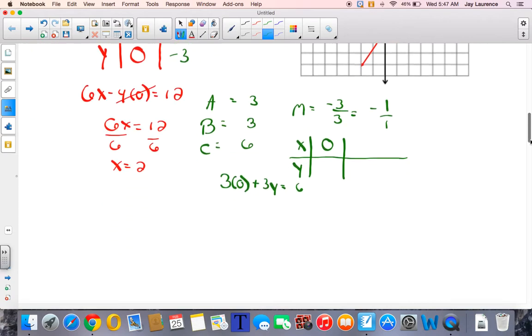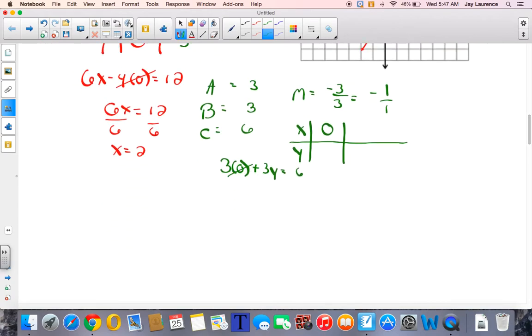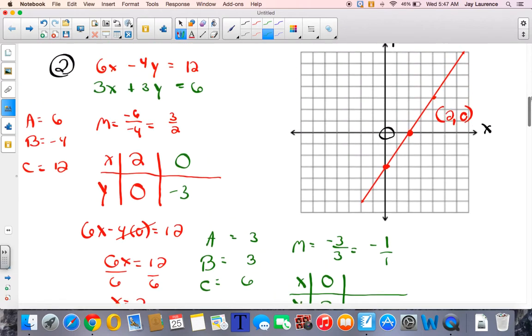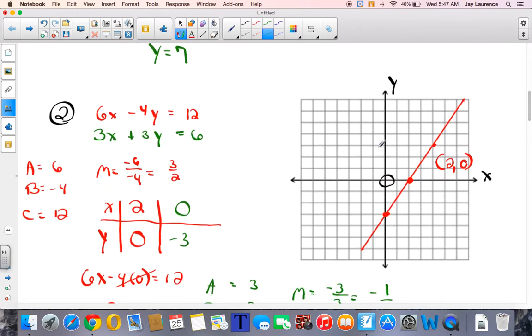And I'll bet a lot of you can tell me y is going to be 2. That cancels. 3y equals 6. Y is going to equal 2. How did I do that? I divided both sides by 3. Okay, so the y-intercept is 2. And my slope is negative 1 over 1, so I go down 1, right 1, down 1, right 1. Look at that. They're going to intersect at the x-intercept.